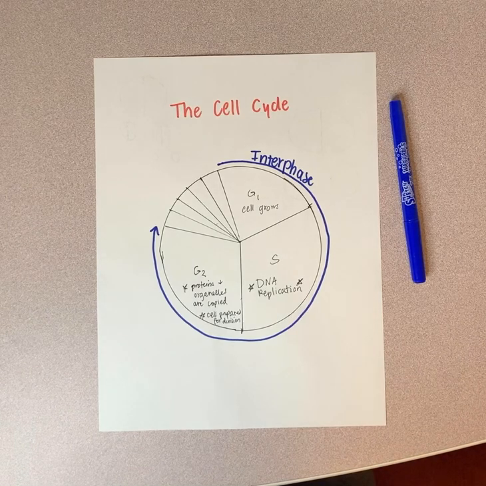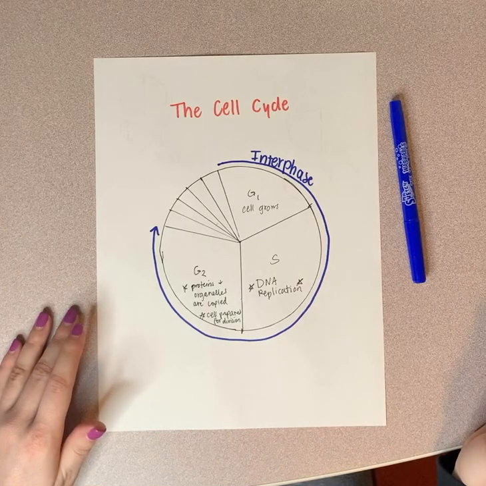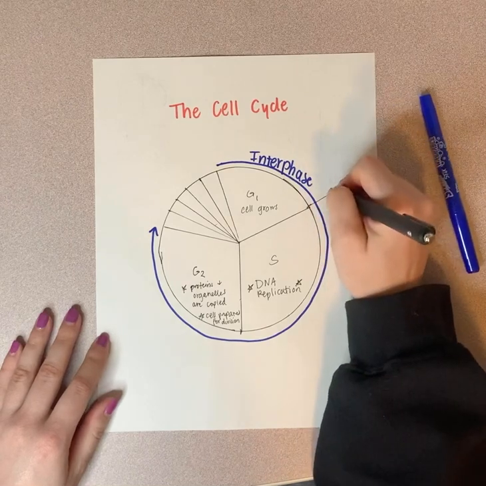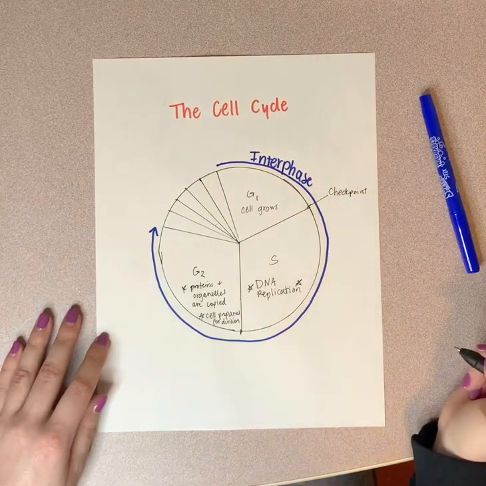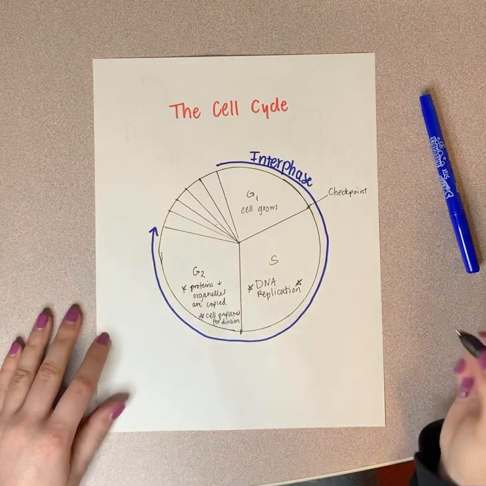So there is a checkpoint right after G1. There's a checkpoint right after G2.